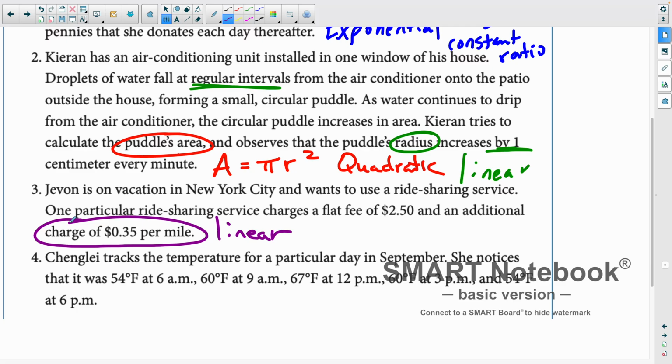Yeah, so this is my constant rate of change. What's this? That's my y-intercept. So technically, I could write the equation for this: 0.35x plus 2.50. There would be my cost function. So that is linear. Okay?